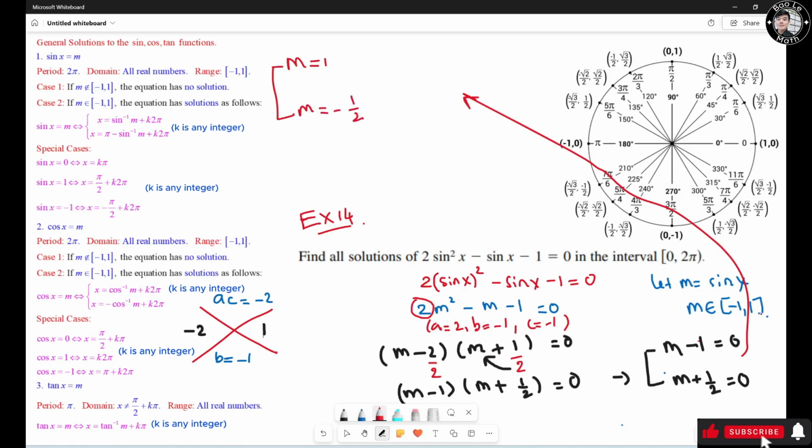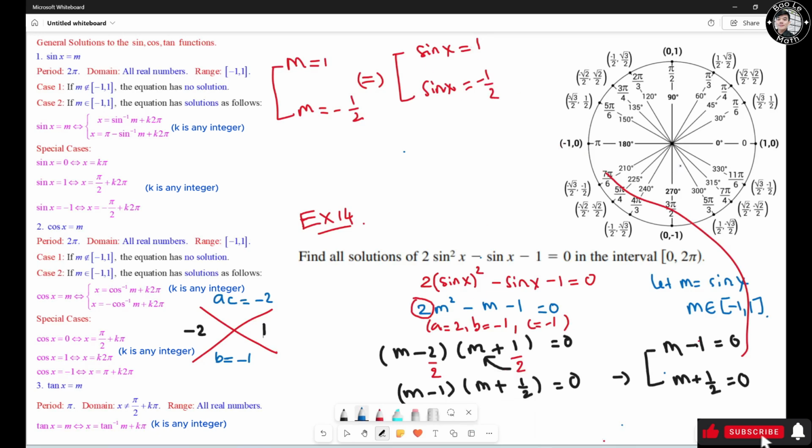Now I check to see if these two guys are in the range, yes. 1 and negative 1 half are inside the interval negative 1 to 1, so it's good. Now I need to substitute sine s for m. So I have sine s equals 1 and sine s equals negative 1 half.